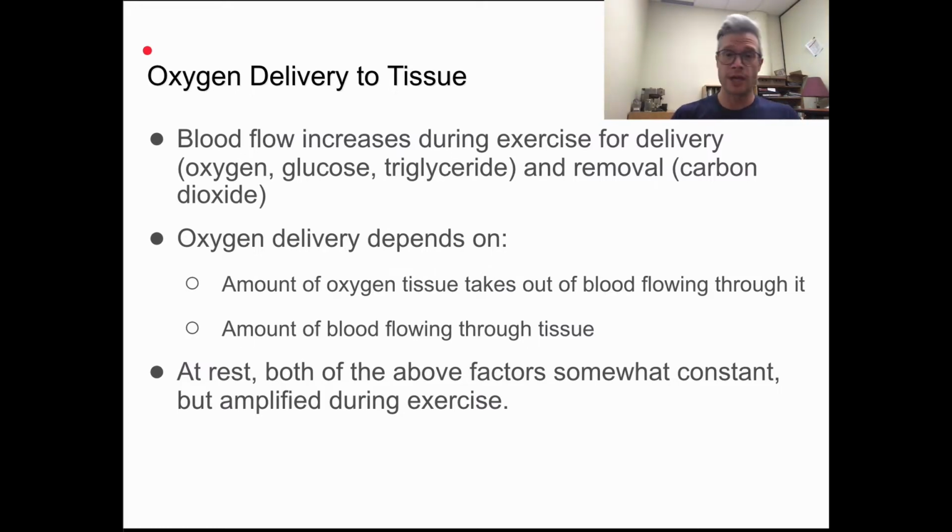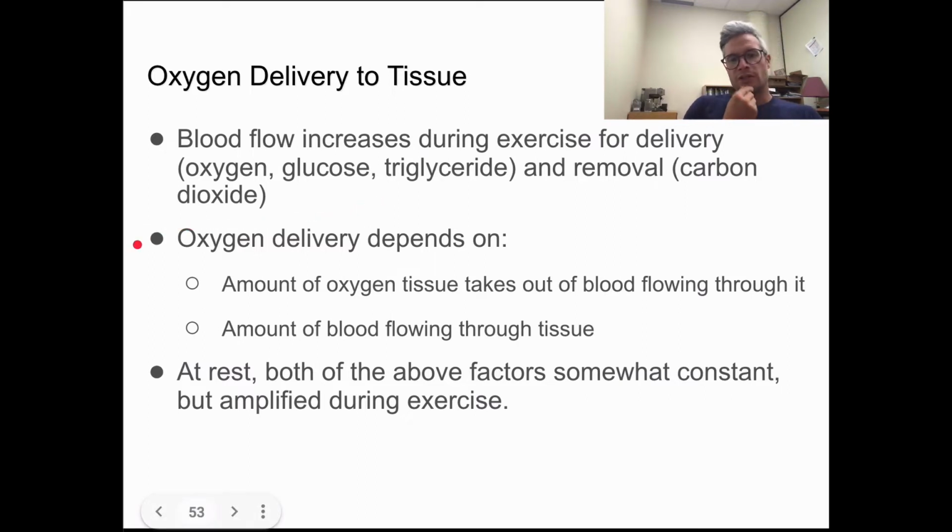It also takes away carbon dioxide, the metabolic byproduct we make during oxidative respiration. Additionally, if you remember the last section about metabolic substrates, we also want to deliver our energy sources, glucose and triglycerides, to our cells to be used for anaerobic and aerobic activities.